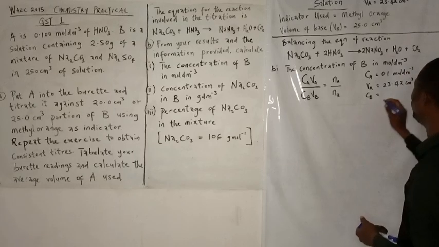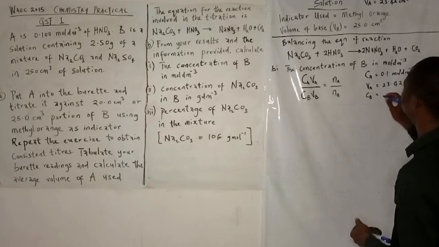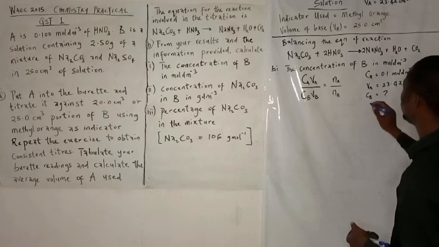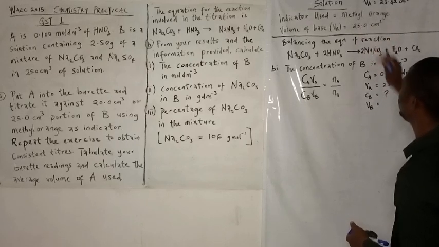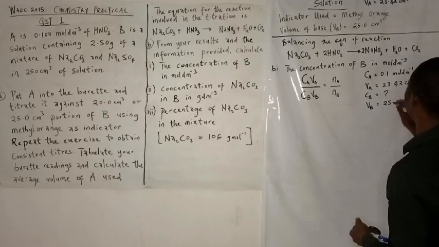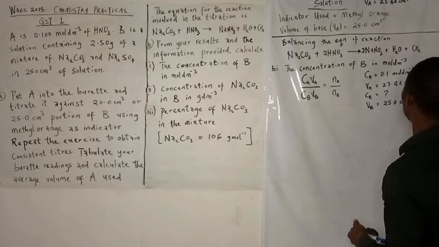So we have our Cb to be what we are looking for, and then we have our Vb to be equal to, the volume of the base we are using, 25.0 cm cube.